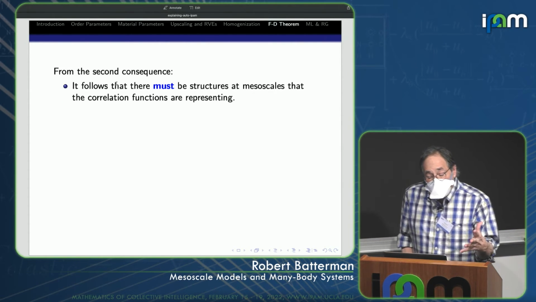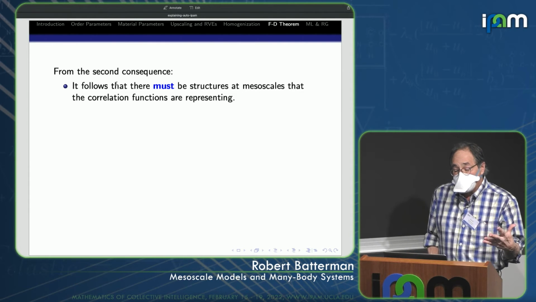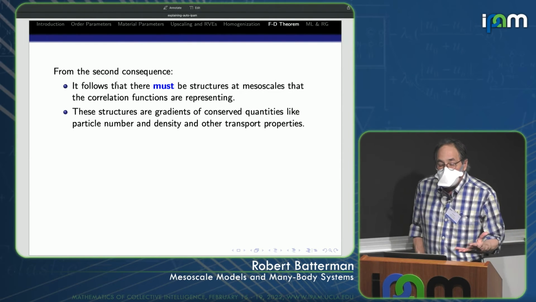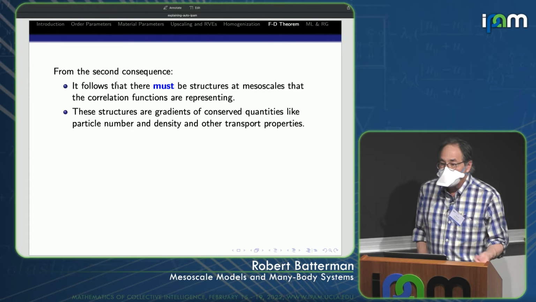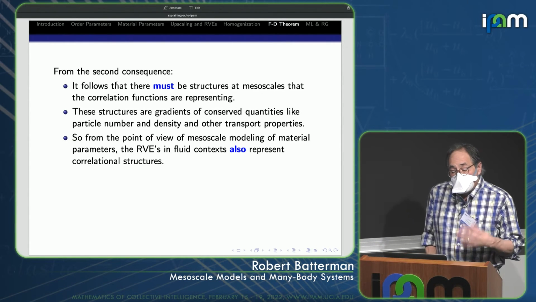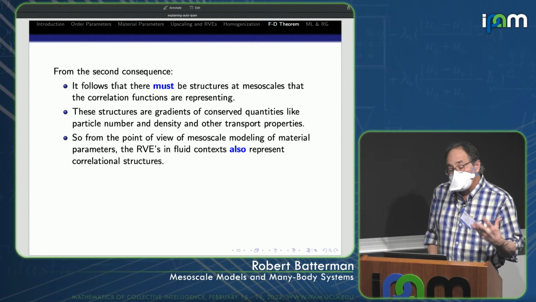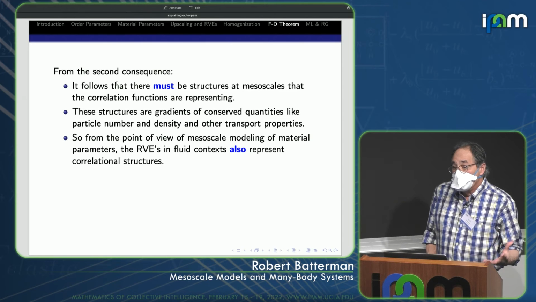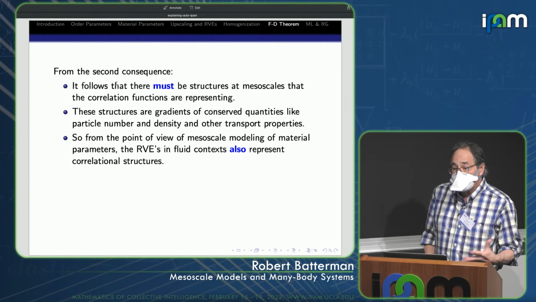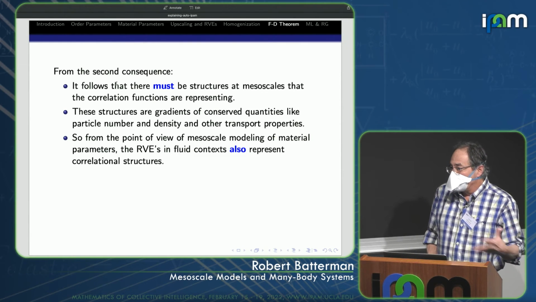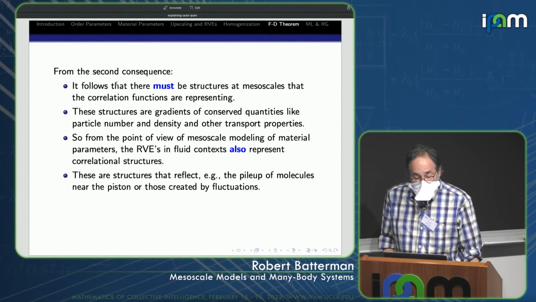From the second consequence, it follows that there have to be structures at mesoscales that those correlation functions are representing. Those structures are the gradients of conserved quantities like particle number and density and other transport properties. And so from the point of view of mesoscale modeling of material parameters, the representative volume elements in fluid contexts also represent correlational structures, just as we saw when we were determining the structure of RVEs in the materials case.